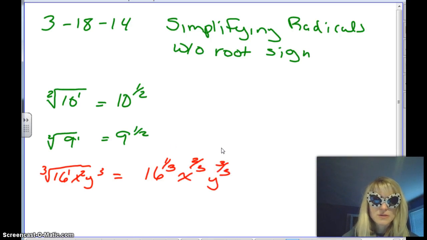Okay, so this top number is your exponent, and the bottom number in the fraction is your root that you're using.